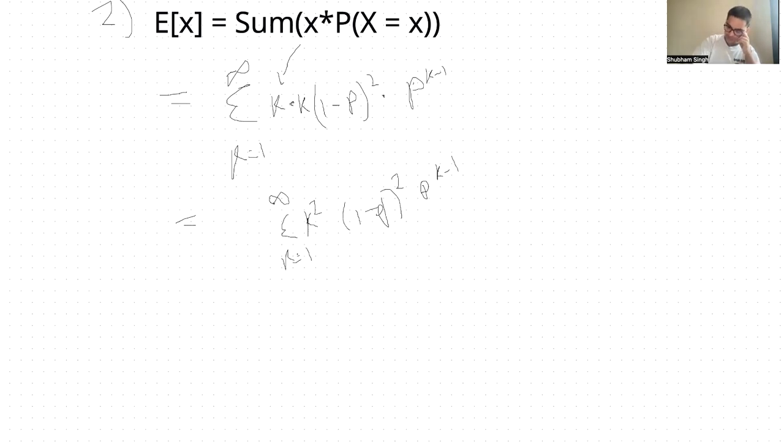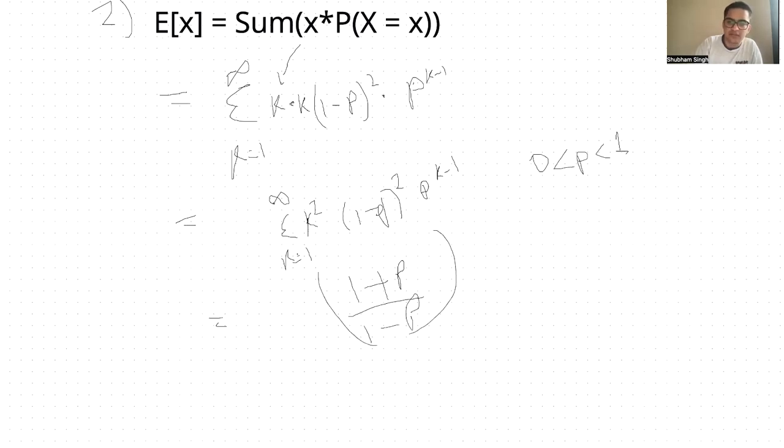Moving on, I used Wolfram's calculator to solve this. We need to remember that p is between 0 and 1. This can be calculated using a formula, which gives you the answer in this form.